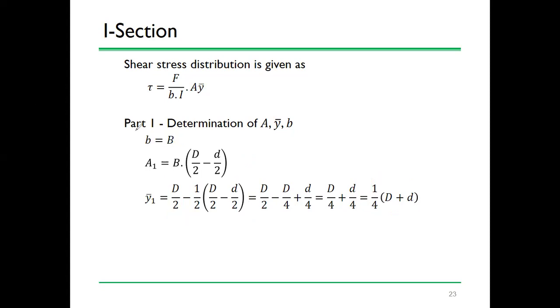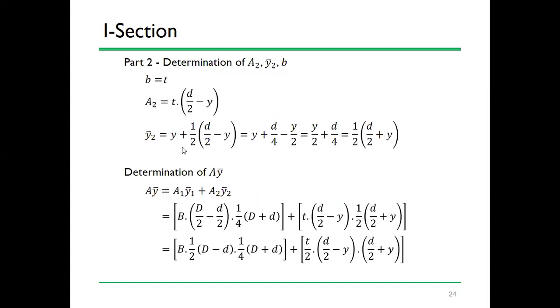Now let's move to the next part. With the area 2 part, as you can see, we have established this one. We have also established this one. And this one has been simplified further to half d over 2 plus y.